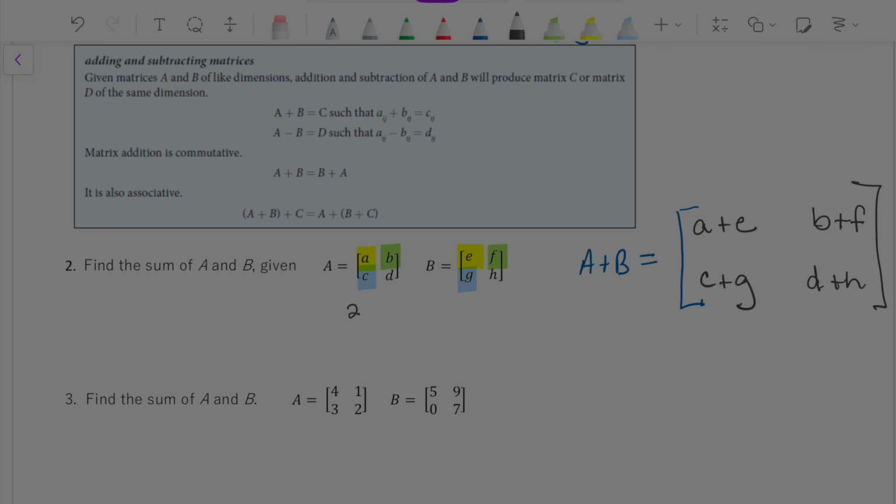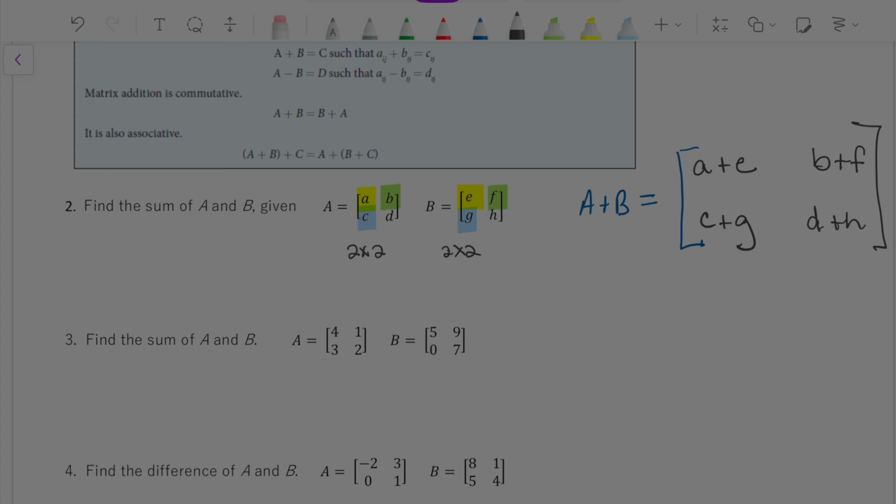So if you have a 2 by 2 matrix, you have to have a 2 by 2 matrix that you're adding it to, because it's all component-wise. So if we run down here to this one with numbers in it, the sum of the A and B matrices is going to be 4 plus 5 in that spot, 3 plus 0, 1 plus 9, 2 plus 7. In other words, matrix A plus matrix B is 9, 3, 10, 9, just like so.